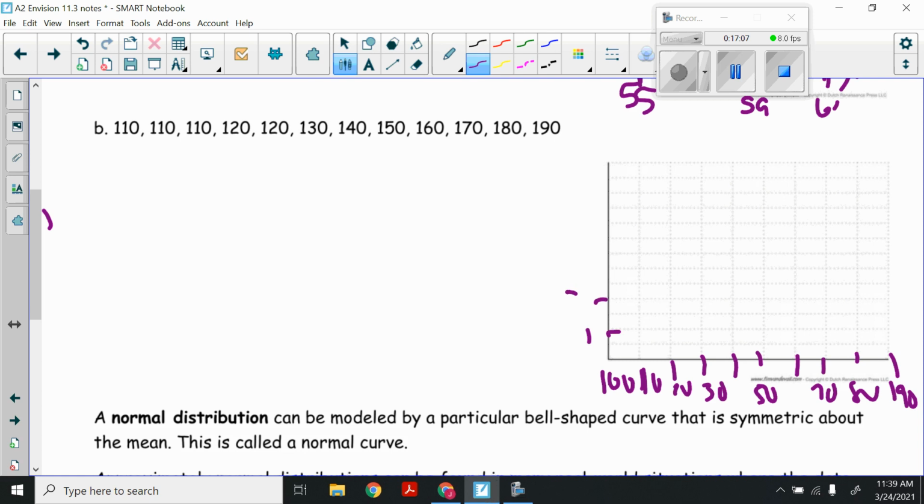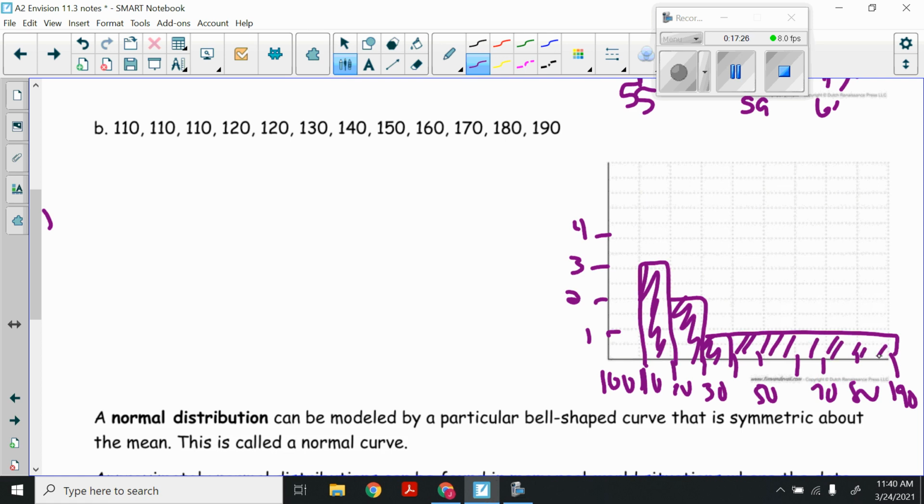And this is 1, 2, 3, 4 times. 110 appears 3 times. 120 appears twice. 130 appears once. And 140, 150, all the rest of these appear once. So just like that. If I draw my curve, you see that this one is skewed right.